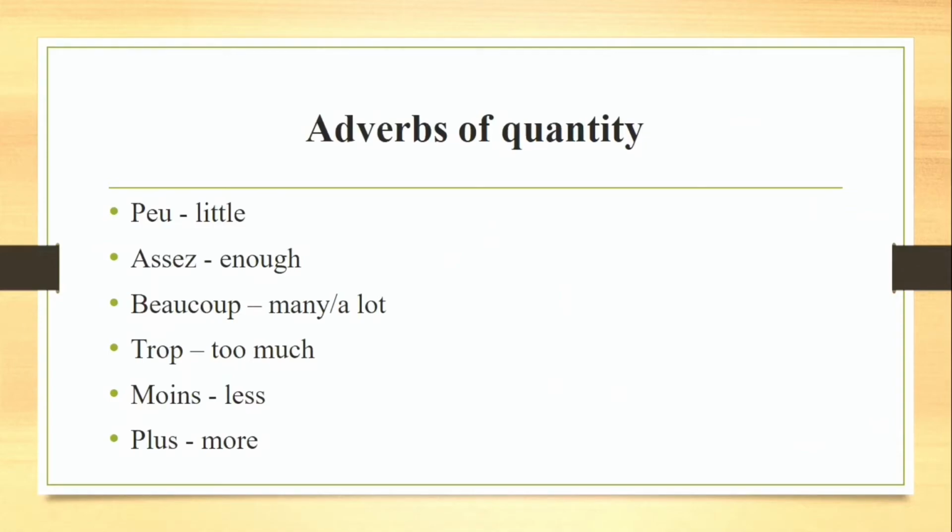Peu, little, assez, enough, beaucoup, many or a lot, trop, too much, moins, less, plus, more. And please bear in mind that all these adverbs are followed by the partitive article de. And then when it is used like that, the gender or the number of the noun following it is not taken into consideration.